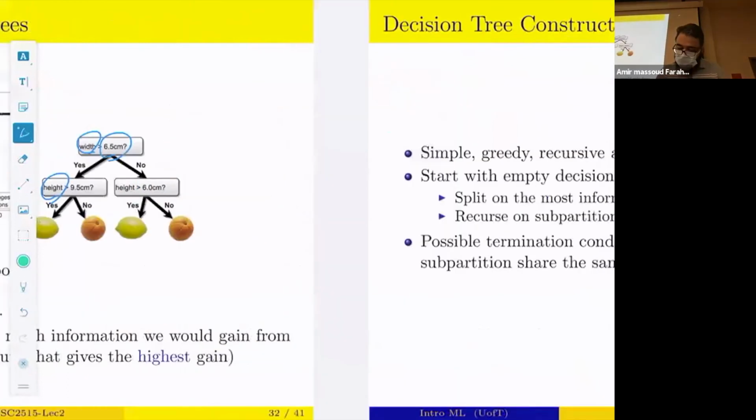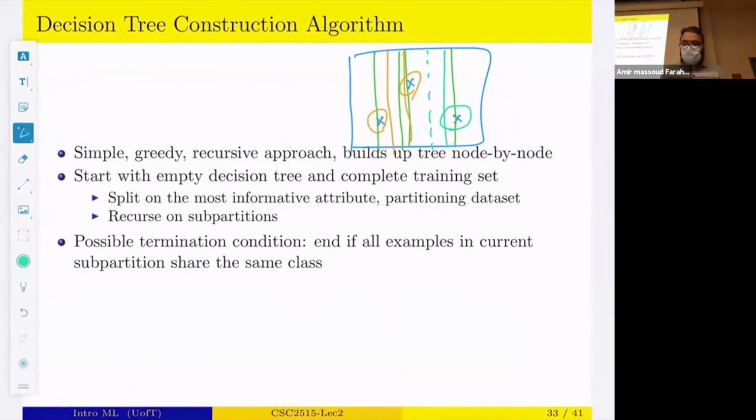Suppose you have attributes 1, 2, 3, width and height, for example. You check the information gain for attribute width for all possible splitting thresholds, and then you compute the information gain for height for all possible values of height, and then choose among them.